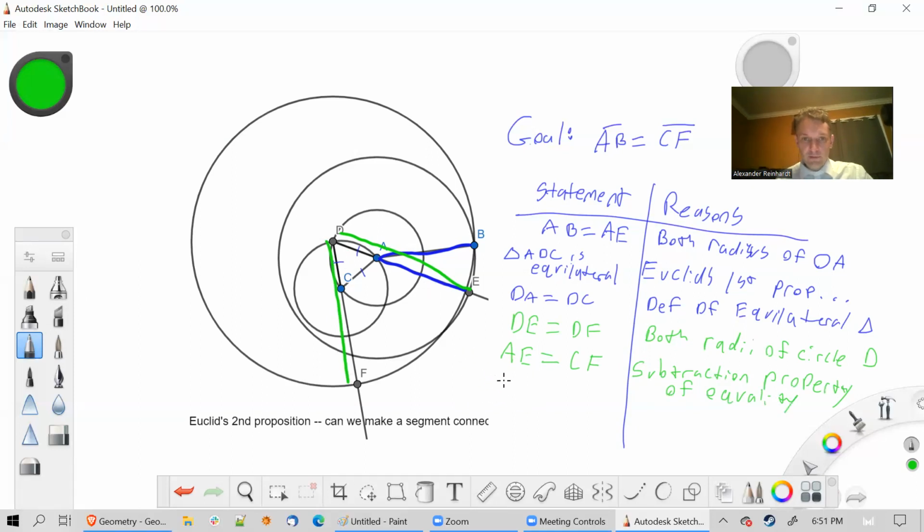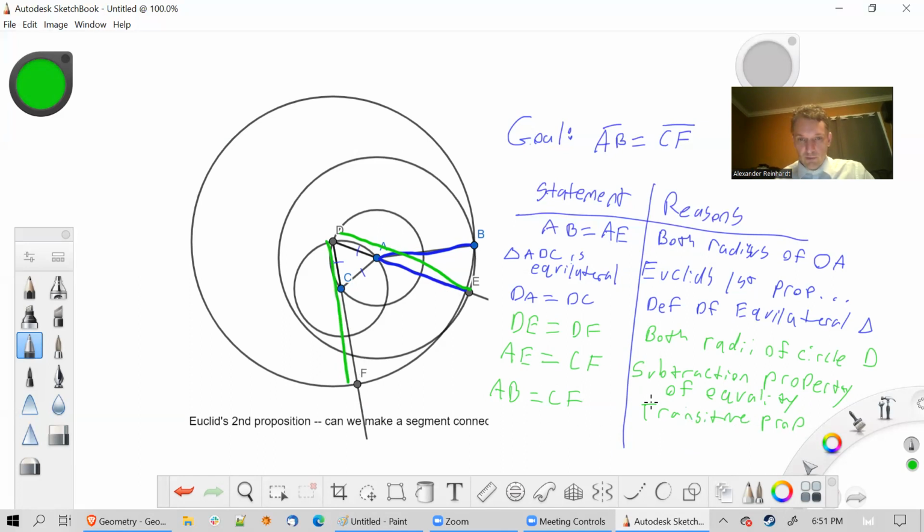Now only one last step to say, which is now we can finish the proof and say that AB equals CF. And this is true because of the transitive property. Why the transitive property? Well, if AE equals CF and AB equals AE, then AB must equal CF.